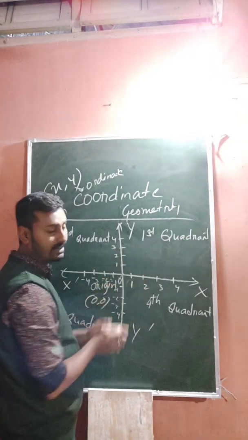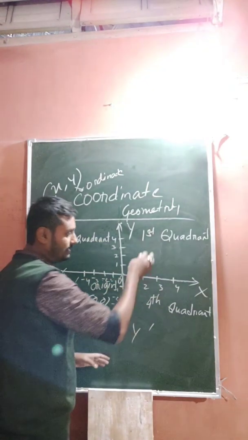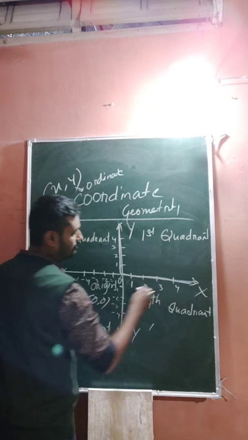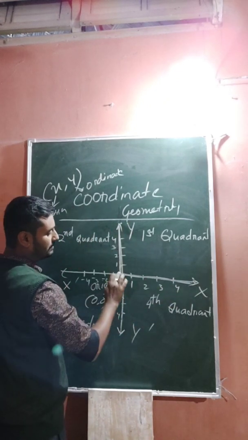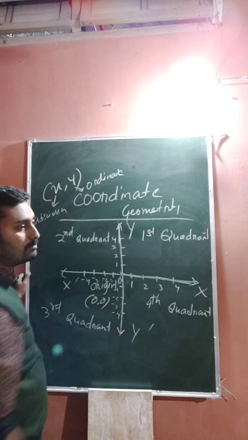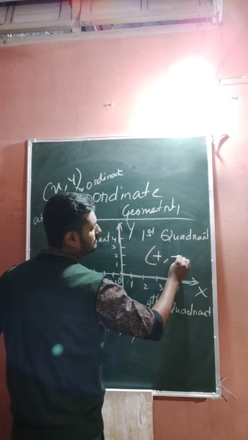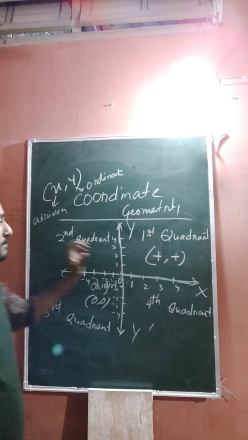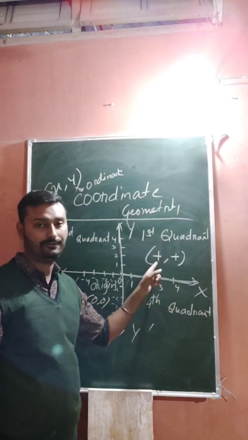Now look at the first quadrant. The coordinates of any point lying in the first quadrant, that means this part, x is positive, 1, 2 like this, and y is also positive. That means any point in the first quadrant has positive and positive coordinates, positive in both cases.